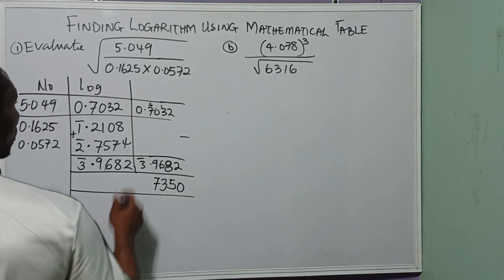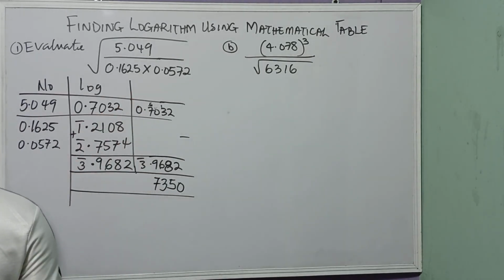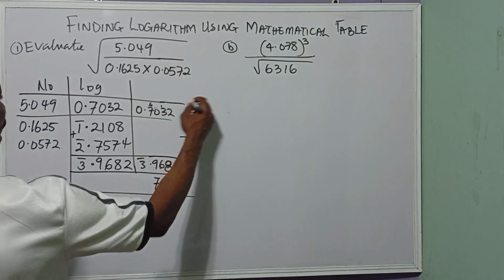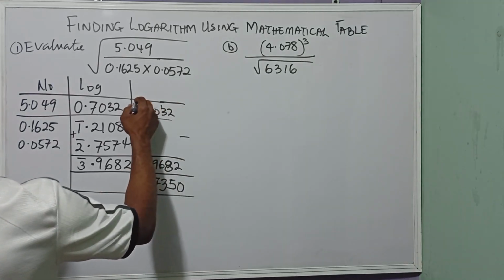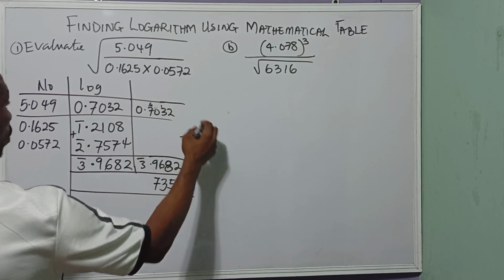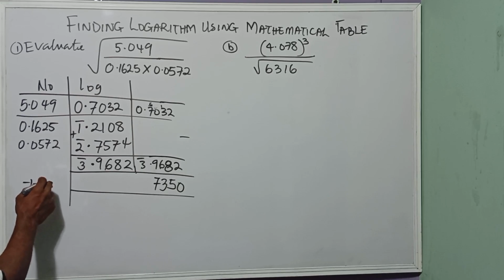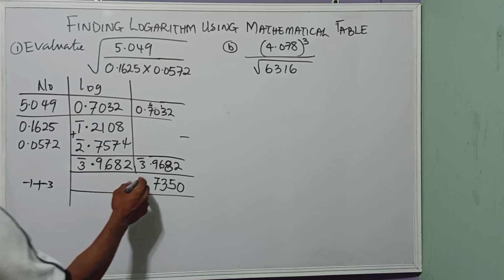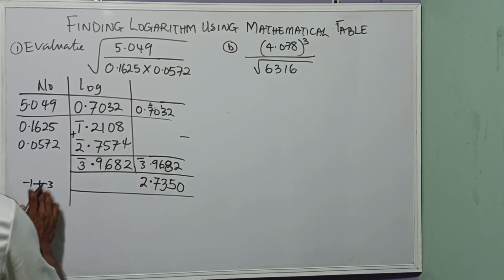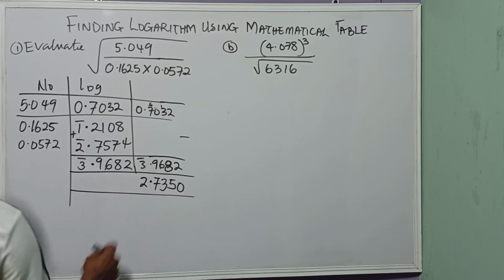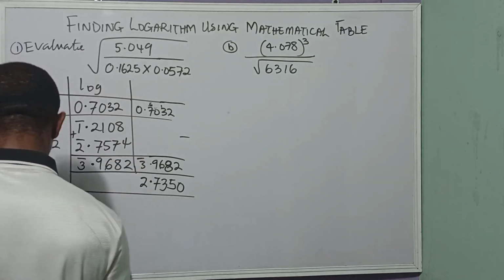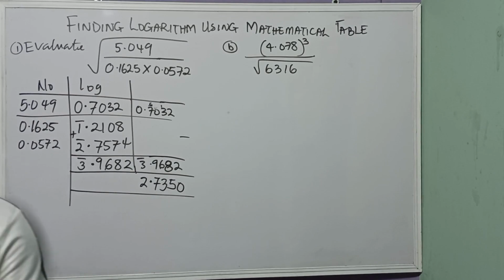Now, we have minus 1 here. So we have a minus 1 minus minus 3, which turns to plus. So 3 minus 1 will give us 2. So this becomes 2.